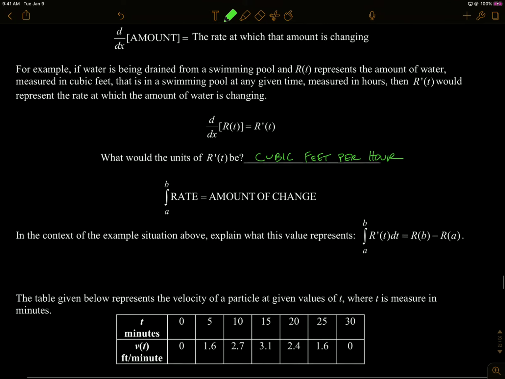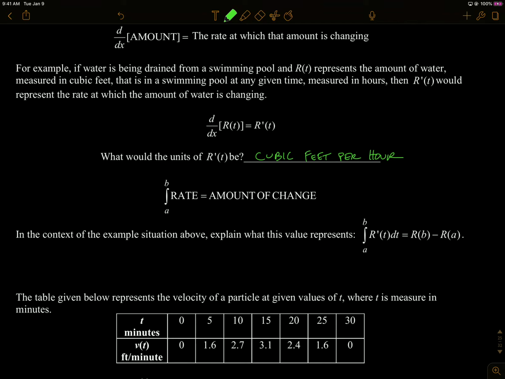Okay, so now if we integrate from a to b that rate, we end up with the amount of change on that interval, during that time period from a to b.